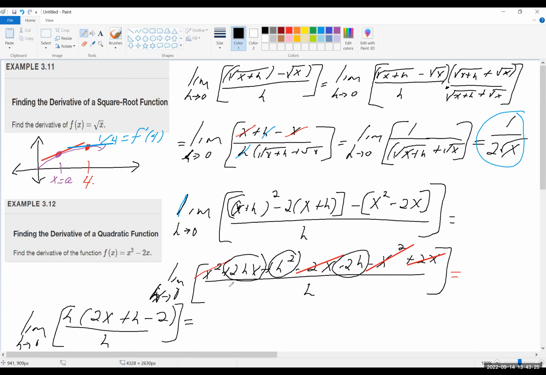So those cancel. And if I plug in the 0, I'm left with 2x minus 2. So this is f prime of x.